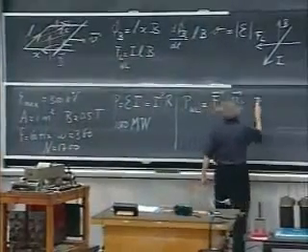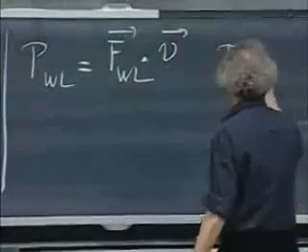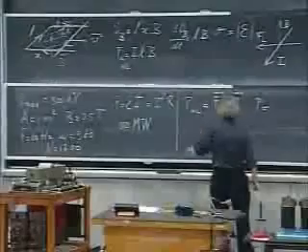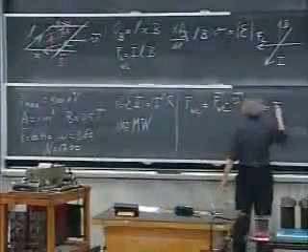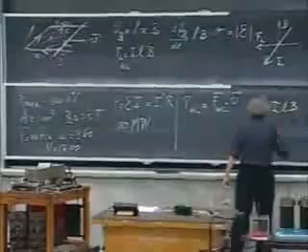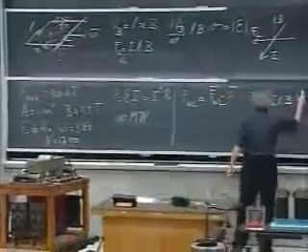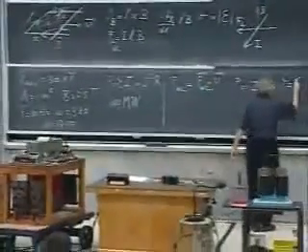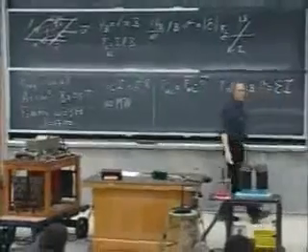And so the power that I generate is my force, that's the magnitude of my force, which is ILB times the velocity. But that must also be the EMF times the current.